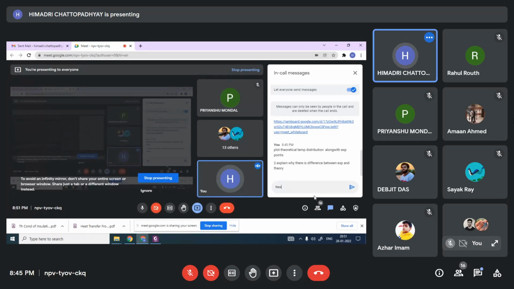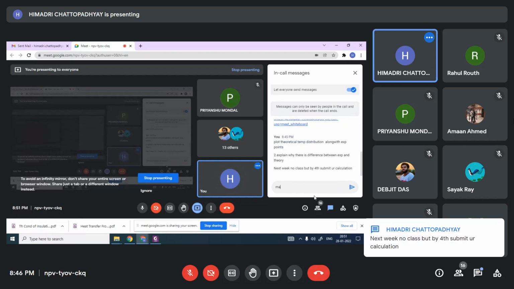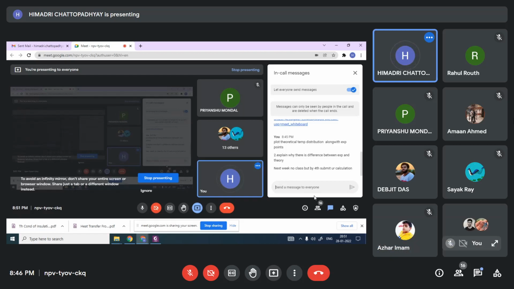Then next week no class, but by 4th. Okay. So you can use computer, you can use Excel to plot things, but on the same page the experimental and theoretical must be there.